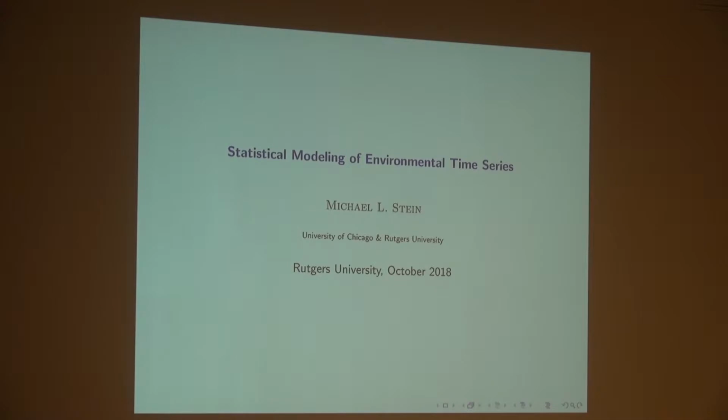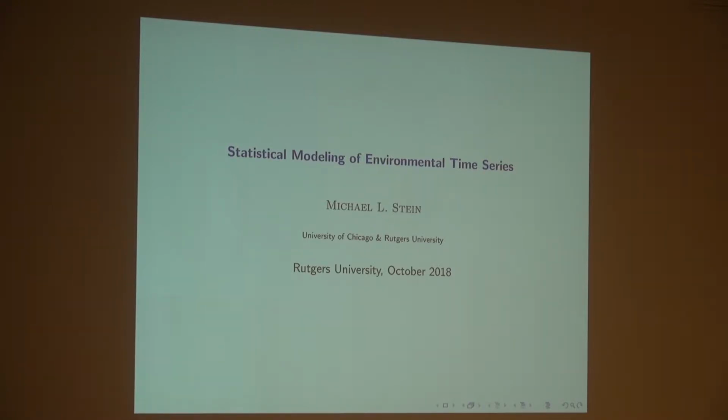Michael comes to us from the University of Chicago, where he has been for about 30-some years. Prior to that, he did his degrees at MIT and at Stanford. And he's really pioneered a lot of the work on spatial temporal statistics.